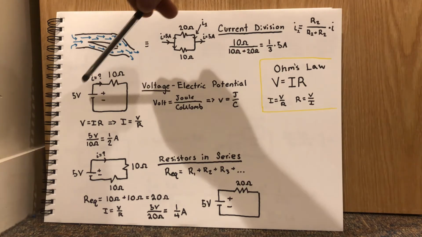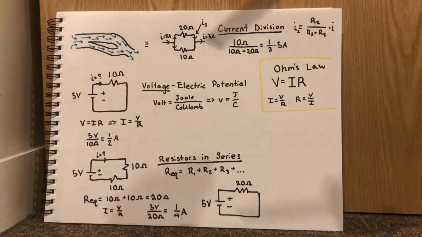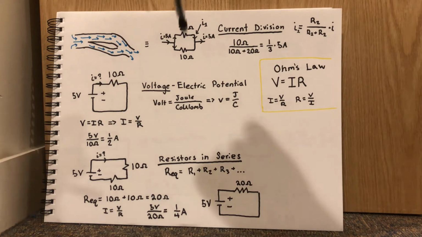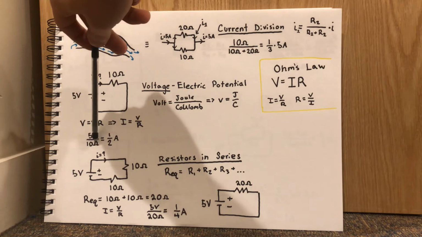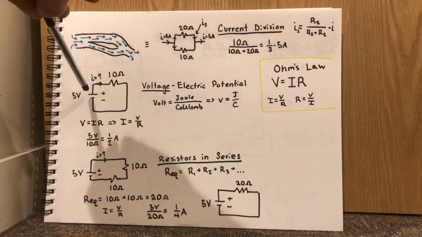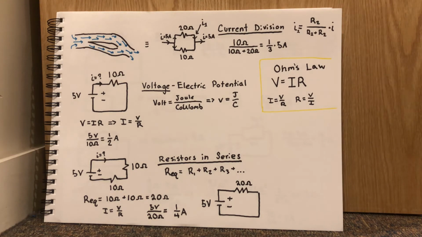So we have this circuit right here with a 5 volt battery and a 10 ohm resistor. Let's say we want to find the current right here in the loop. We can apply V equals IR and manipulate it over to get I equals V over R. And we'll see that 5 volts over 10 ohms is half an amp. So we have half an amp moving this direction, in theory at least.